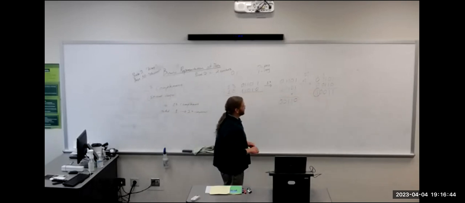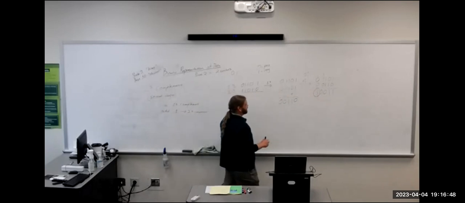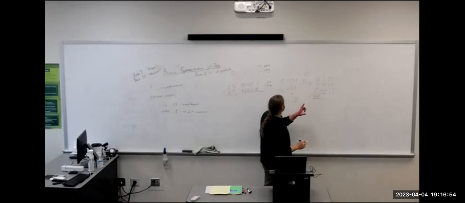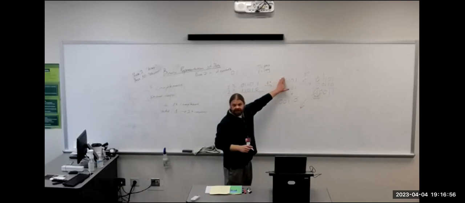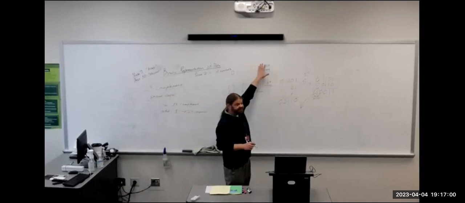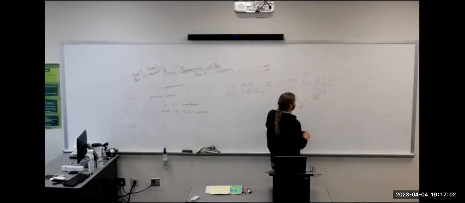But we look at that bit, and it's going to get discarded. It's in our sign spot, right? It's either positive or negative. So we're going to discard it, but we look at it first.